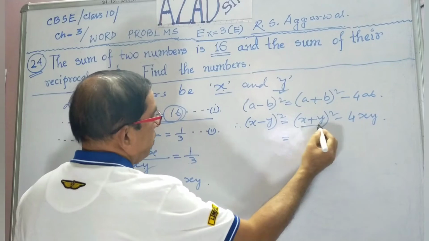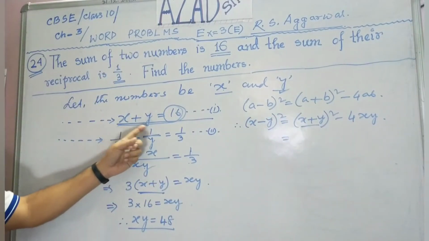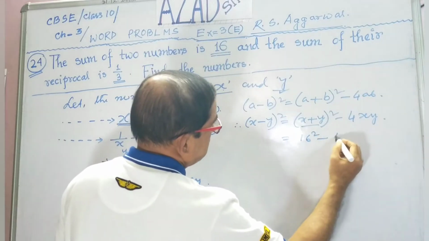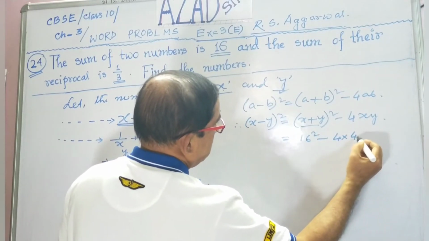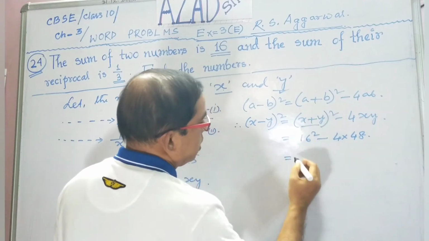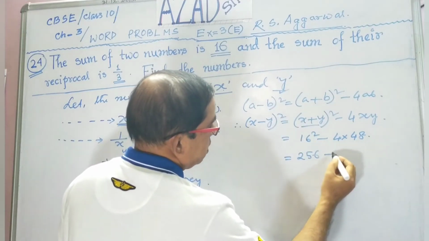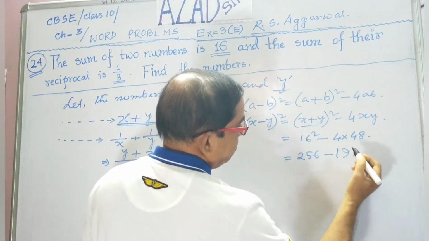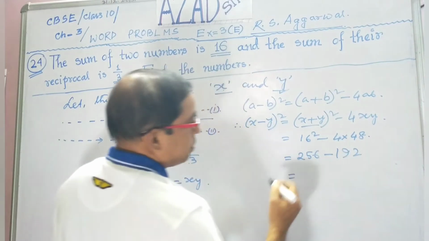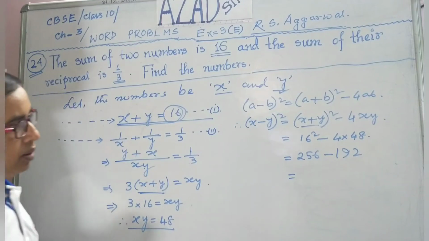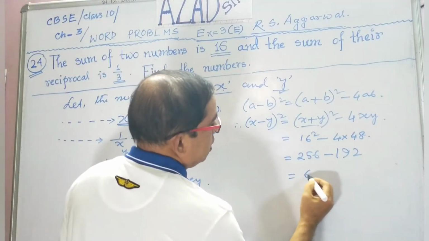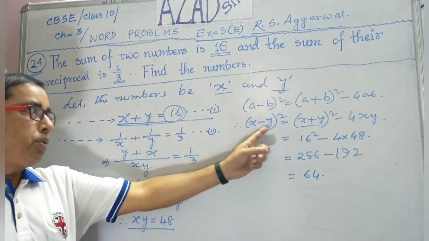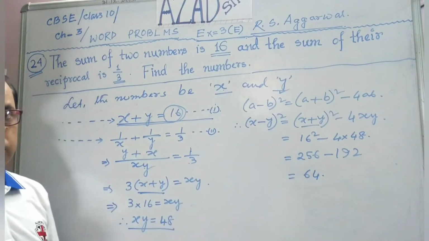Then what is the value of x plus y? See here, value of x plus y equal to 16. So 16 square minus 4 into xy means 48. 16 whole square means 256 and 4 into 48 means 192. Now after subtraction, it will be 64. So x minus y whole square equal to 64.